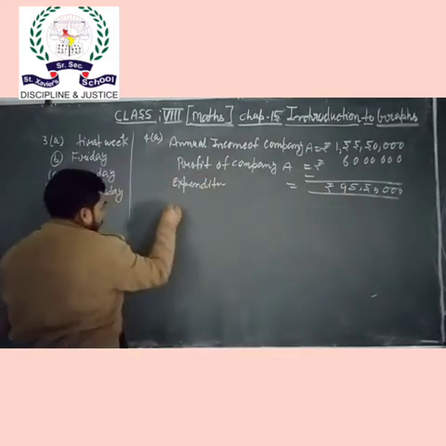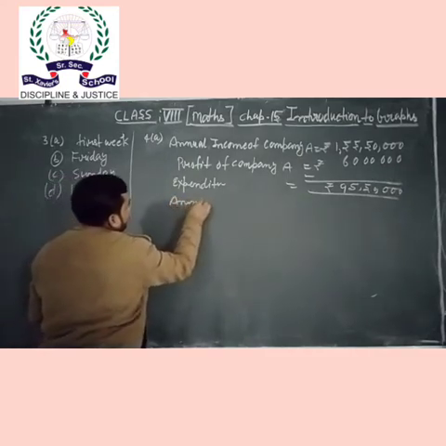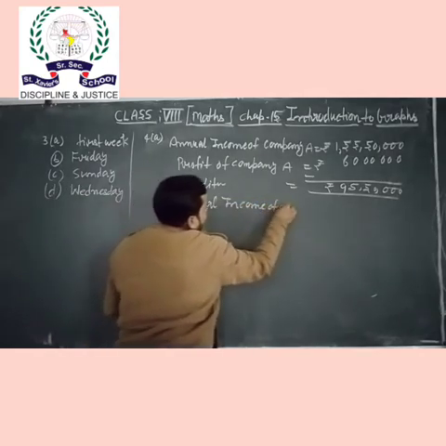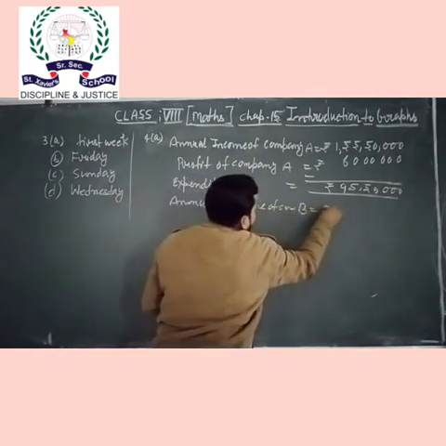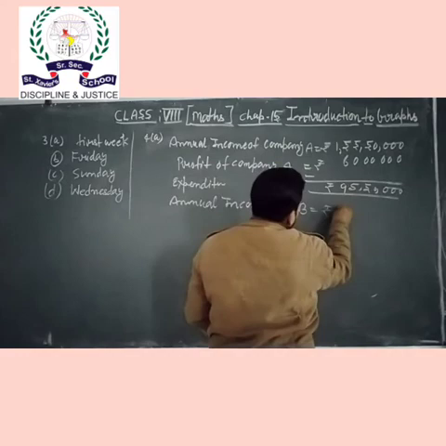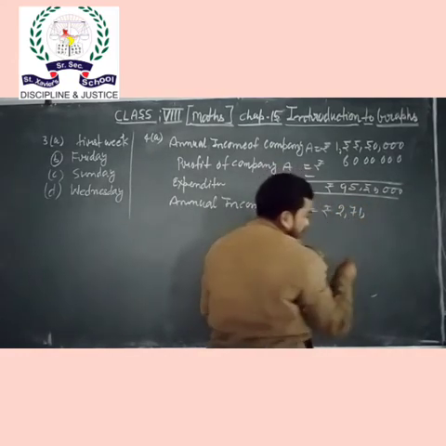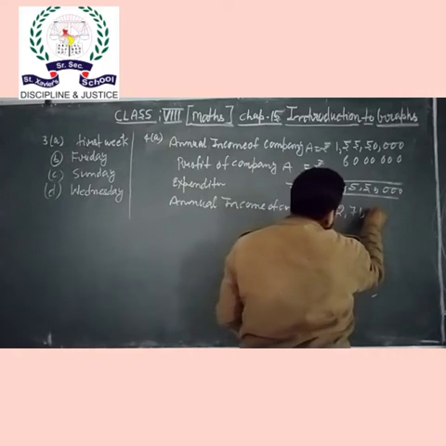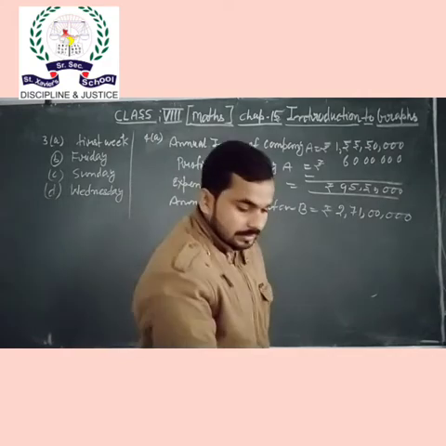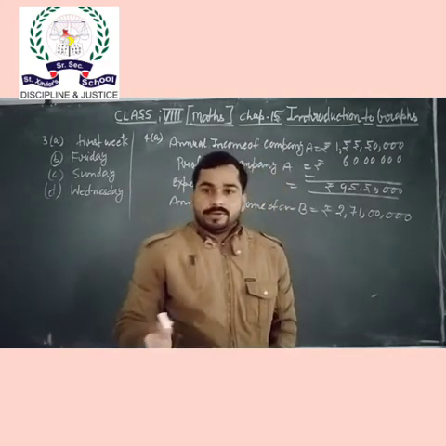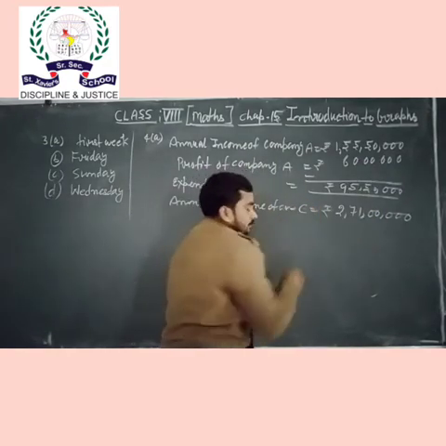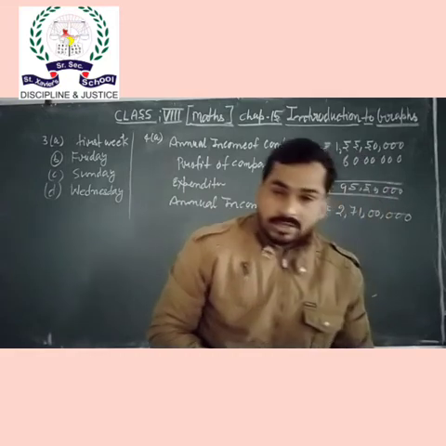Same type, annual income of company C, that is given in the question, 2 crore 71 lakh, and the profit of company C. So look at the graph.